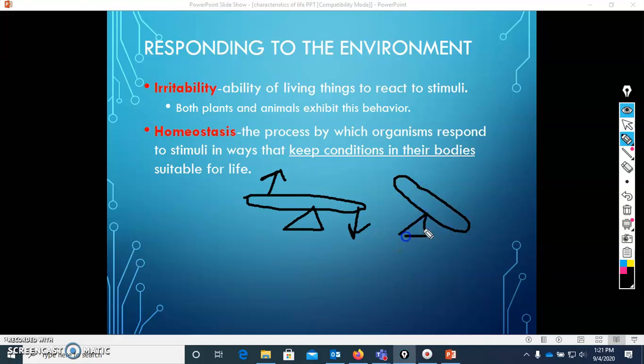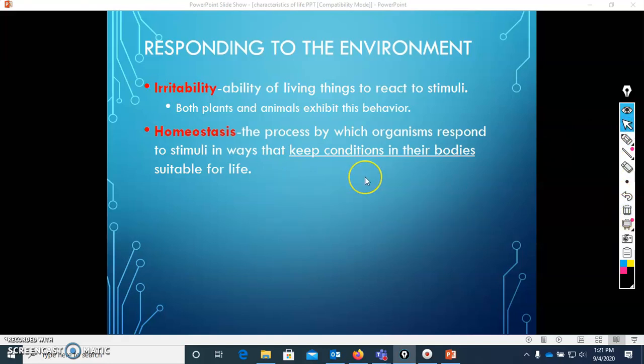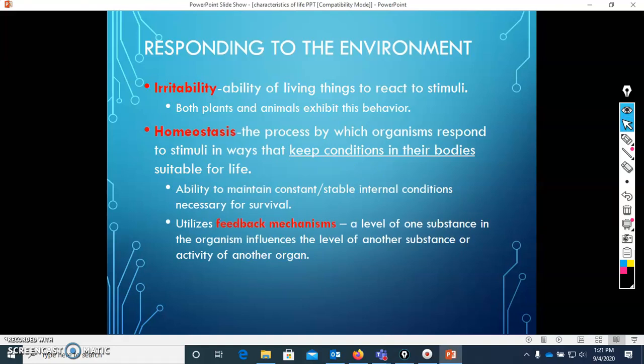Homeostasis is what allows our body to bring those things back to normal, so we can stay in this position, okay? The process by which we elicit responses to bring us back to normal and maintain that balance is called feedback mechanisms, all right? Sweating when your body temperature rises is a way to get us back to normal. That is an example of negative feedback, okay? And so we like to stay in a normal condition.